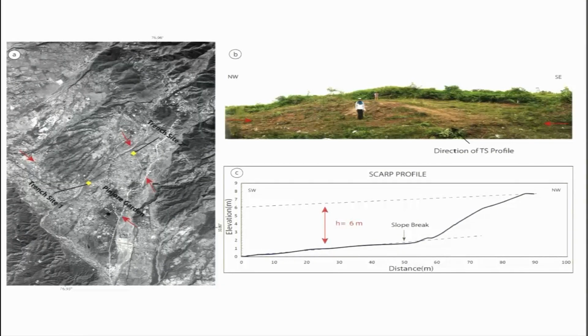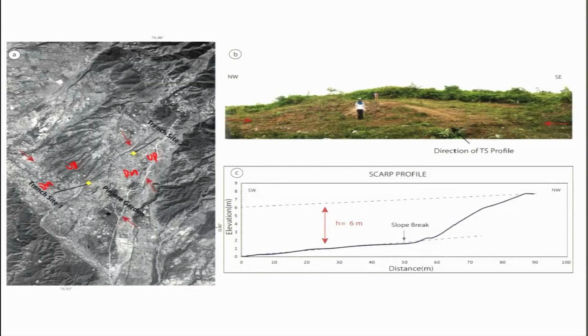For example, we have put arrows here. You will not be able to differentiate easily whether this side has gone up or this side is down. But since we have looked at this image in 3D perspective view, we know that relative to this fault line, this side is up and this side is down.